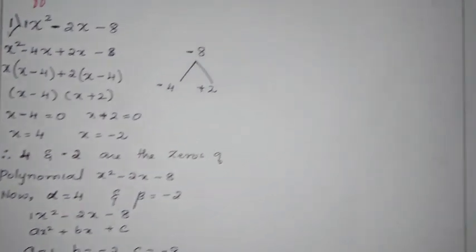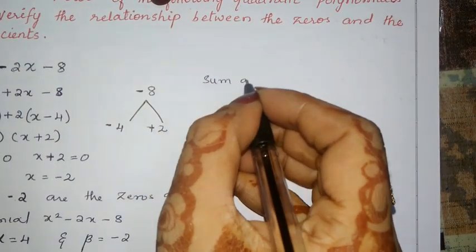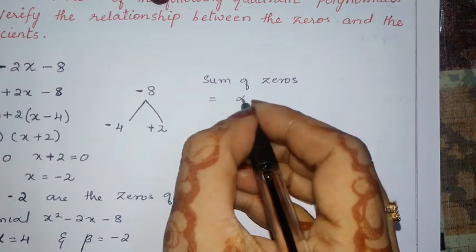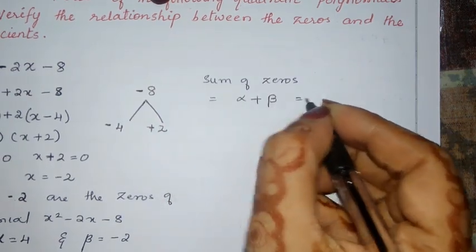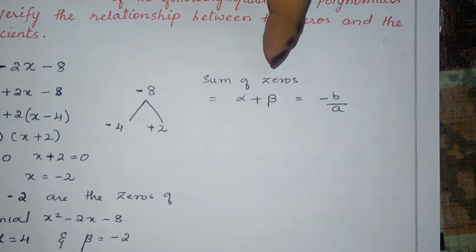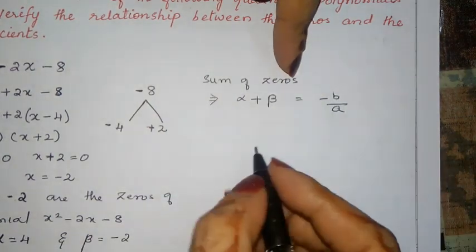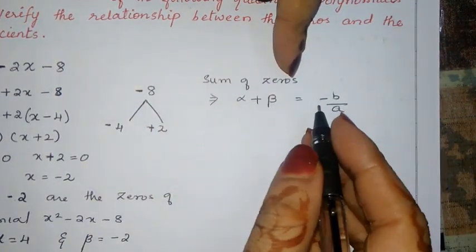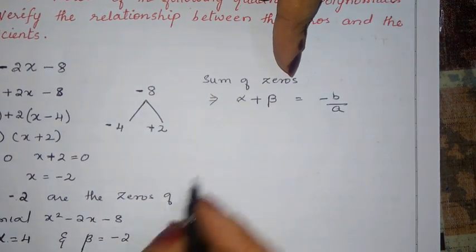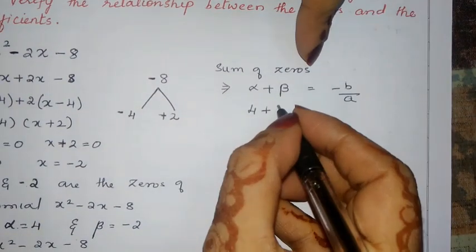What do we have to do? We have to verify. We all know that the sum of zeros, alpha plus beta, is equal to minus b by a. Let us verify whether it holds or not. Alpha is 4, plus beta is minus 2.